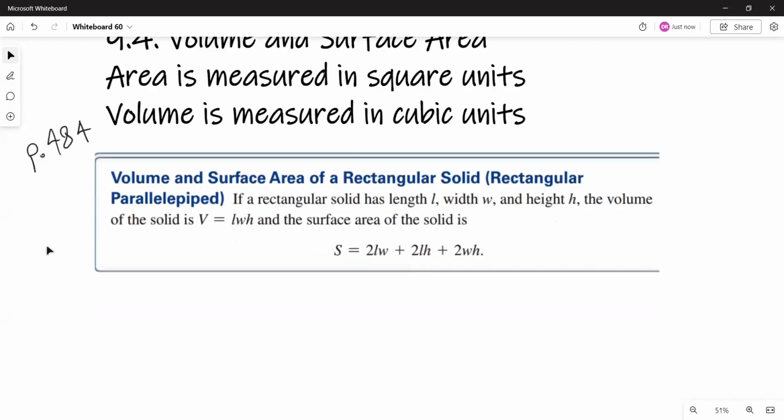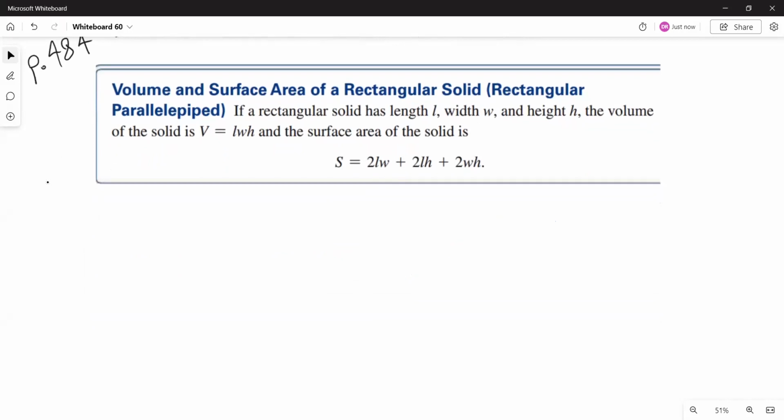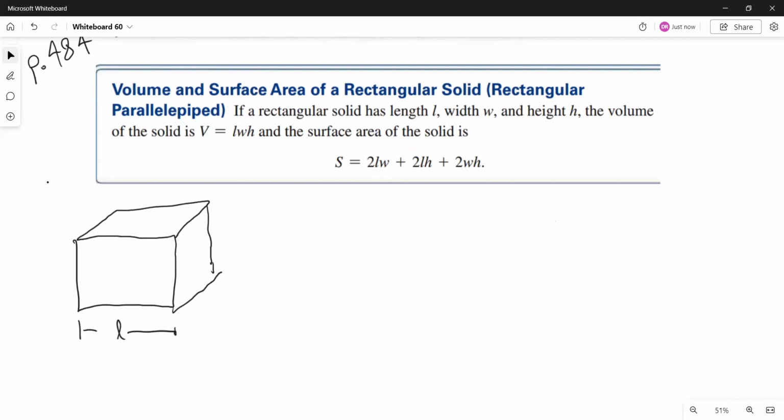So now we have an object in 3 dimensions. Let's suppose we have a rectangular box with a given length, width, and height.